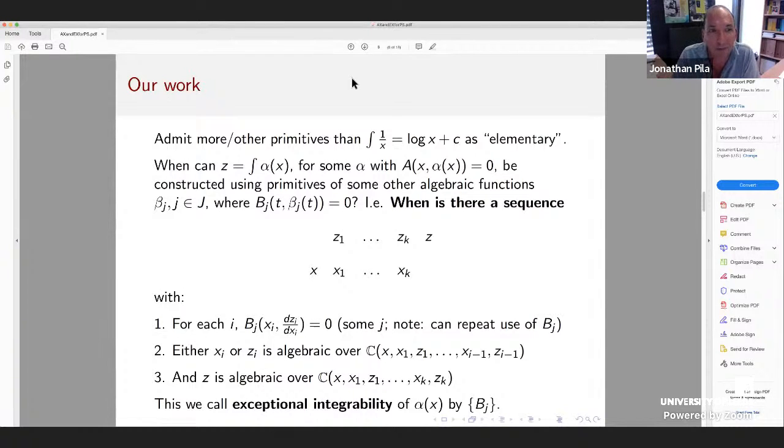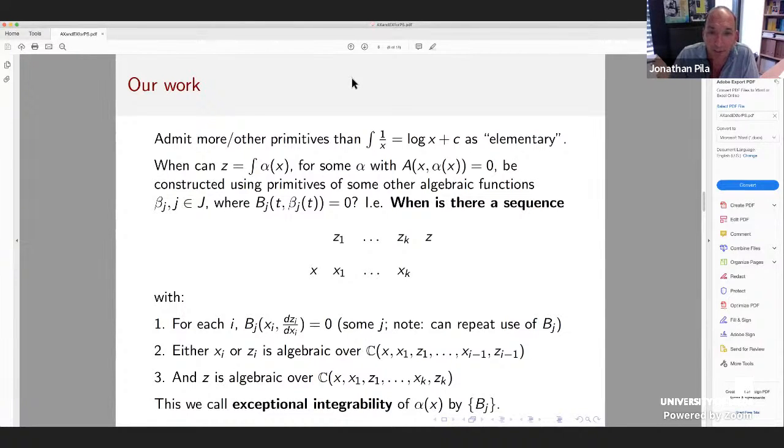So the algebraic functions b_j will be, if you like, roots of the polynomials capital B_j. So here, capital A and capital B_j are simply complex functions in two variables, and the alpha and the b_j's are the algebraic functions of x or of t defined by those polynomials. And formally speaking, we want to ask, when is there a sequence of pairs of meromorphic functions? So here x will be a regular function on some disk.